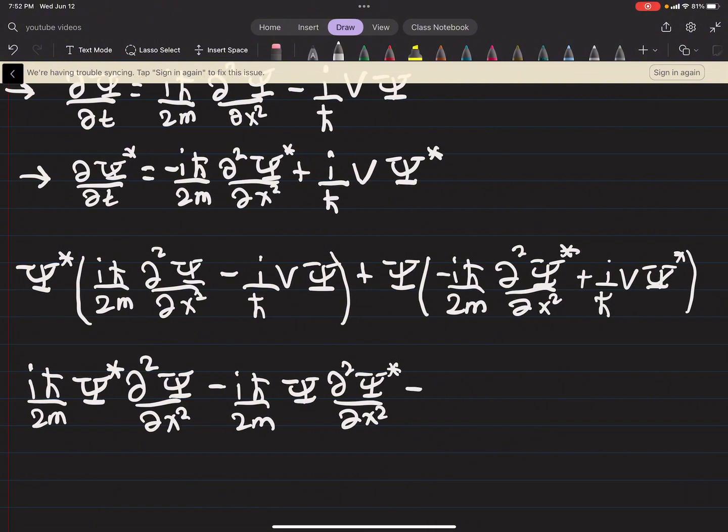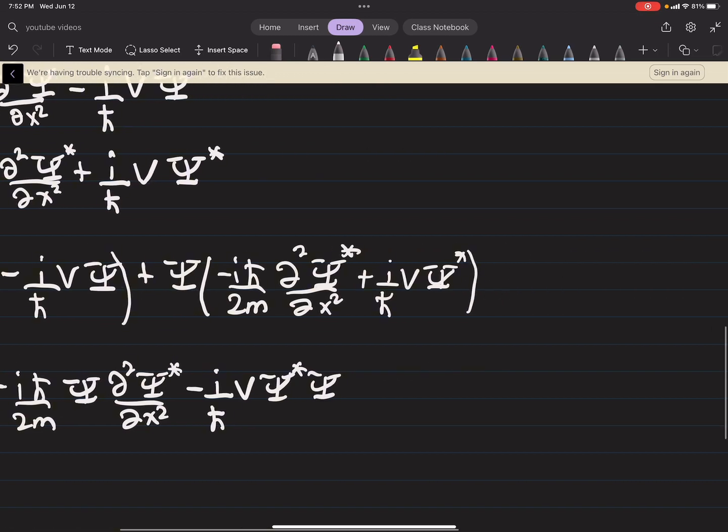And then minus i over h bar V psi star times psi, and then plus i over h bar V psi star times psi.